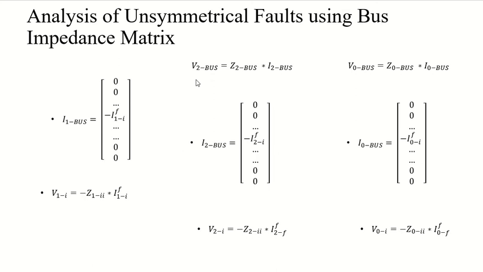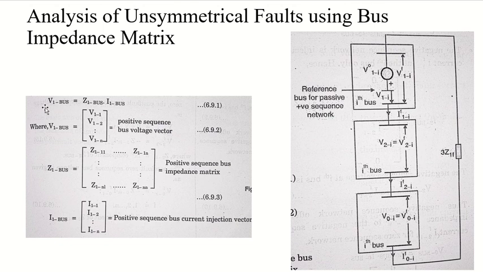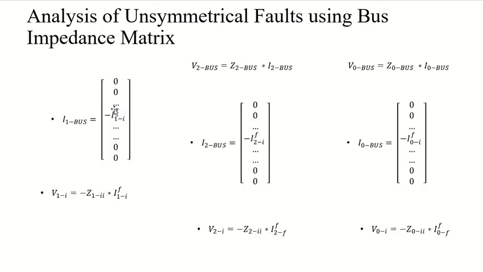V2 bus will be equal to Z2 bus into I2 bus, same as the previous one. For bus 1 we calculated, and we will calculate for bus 2 as well. The formula for I2 bus will remain the same as well, except for the bus where fault is occurring.